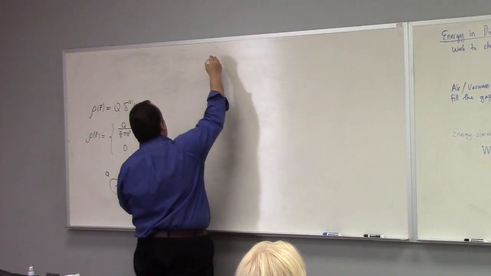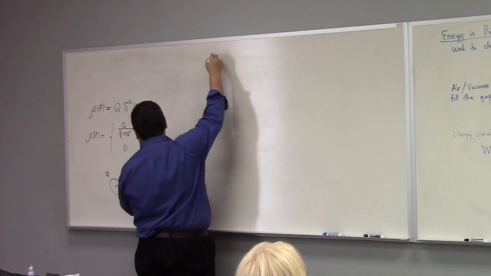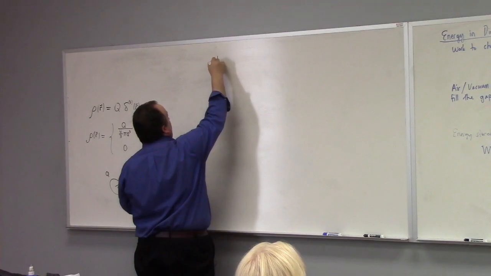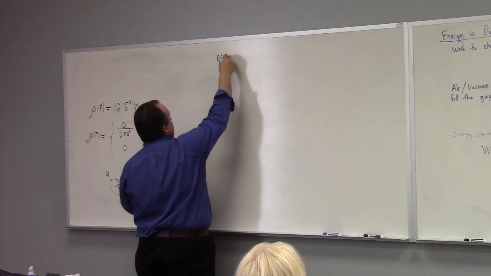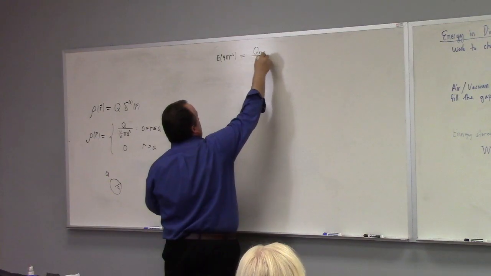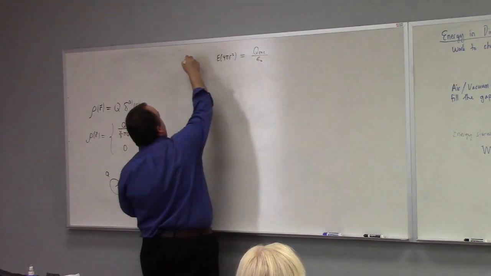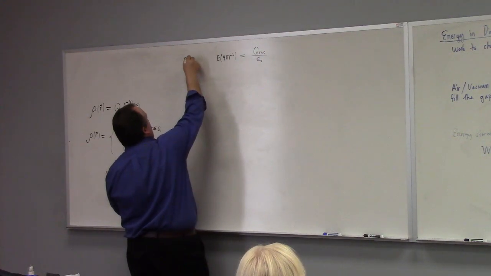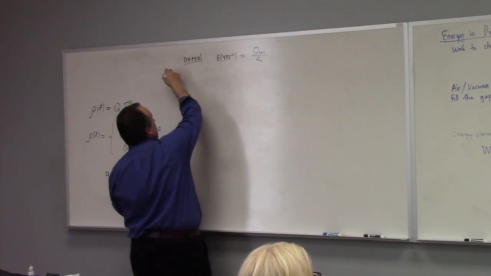So what's the electric field? Well, you know how the story goes. We have E times 4 pi r squared is equal to Q enclosed divided by epsilon naught. This is for 0 less than or equal to r less than or equal to a.